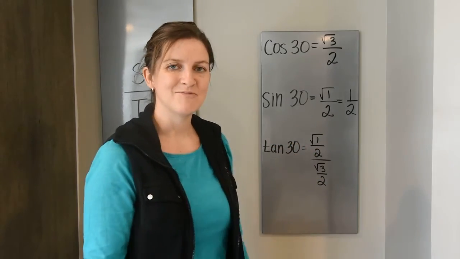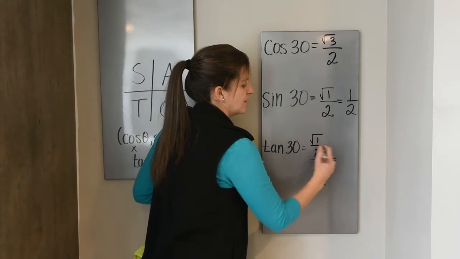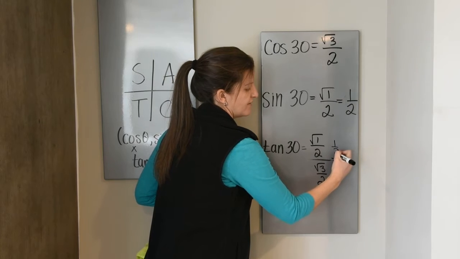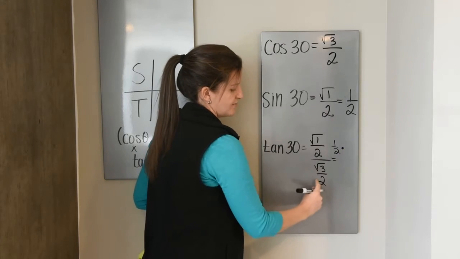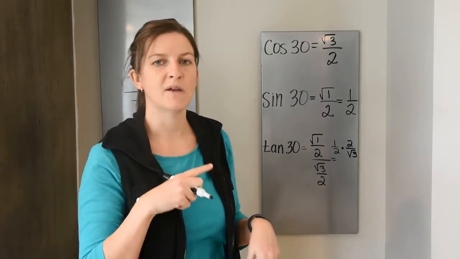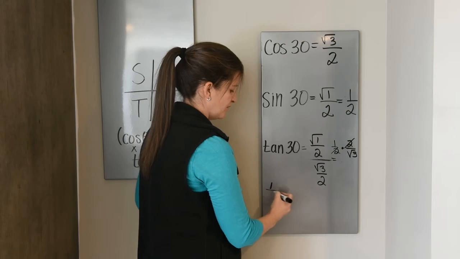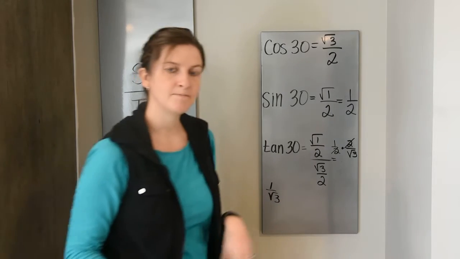Now I have to simplify this because it's a fraction over a fraction. Remember, this simplifies to 1/2. So 1/2 times 2 over the square root 3, because you flip that bottom one. Now the 2's would cancel out, and I would be left with 1 over square root 3.